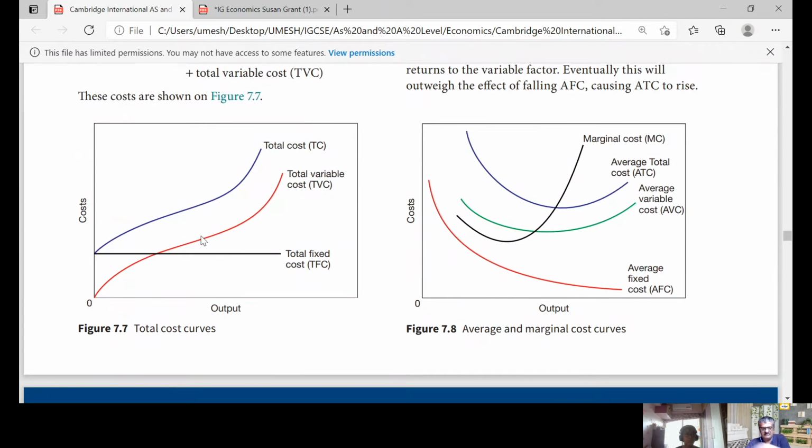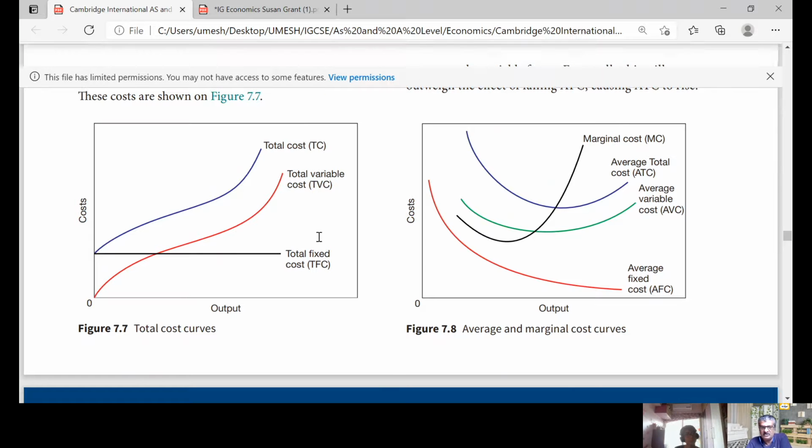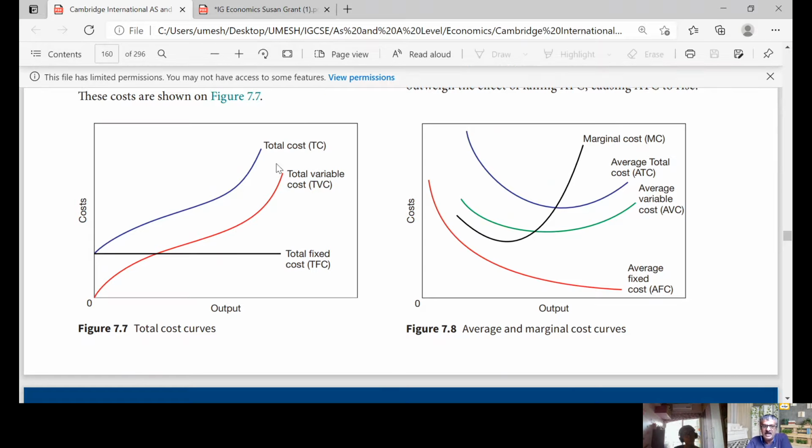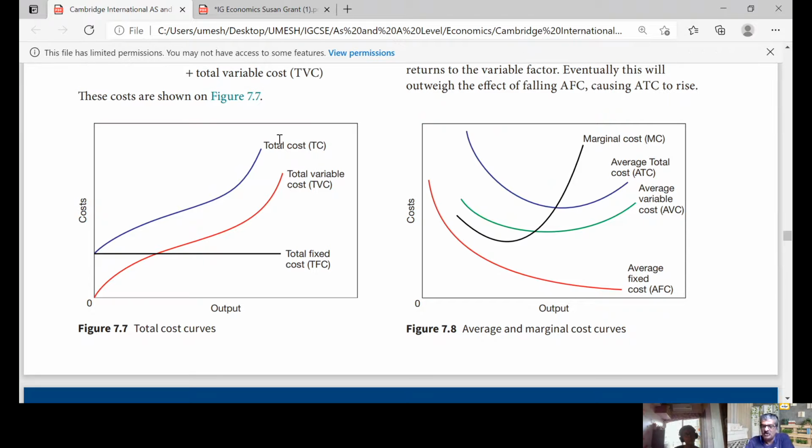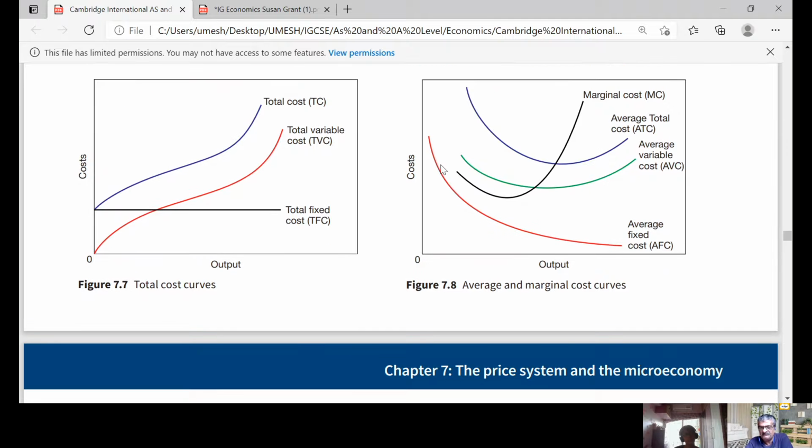You can see our book, figure 7.7. So in this case, the black line is your total fixed cost, the red line is your total variable cost, and the blue line is there. But now if you see the average cost, average fixed cost will always fall down this way.